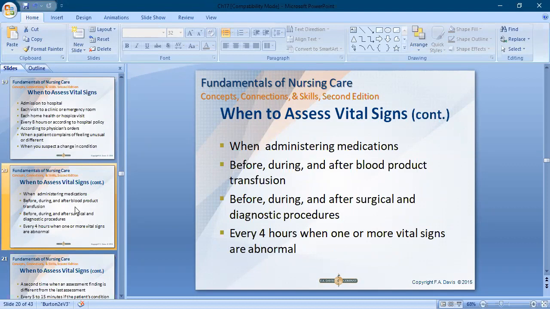And before, during, or after a surgical or diagnostic procedure, actually this simple checking of the vital signs can save your patient's life, right? Every 4 hours when one or more vital signs are abnormal. So if your patient's vital signs are not stable, an unstable patient, every 4 hours we have to check.